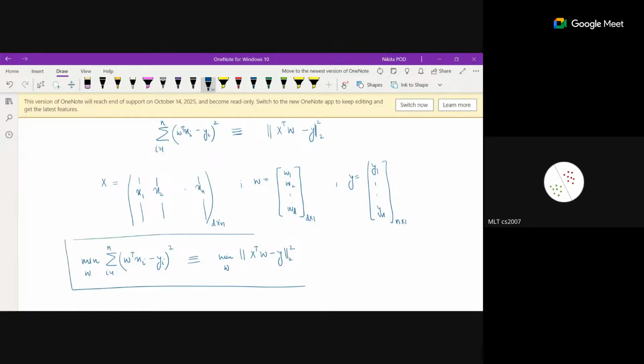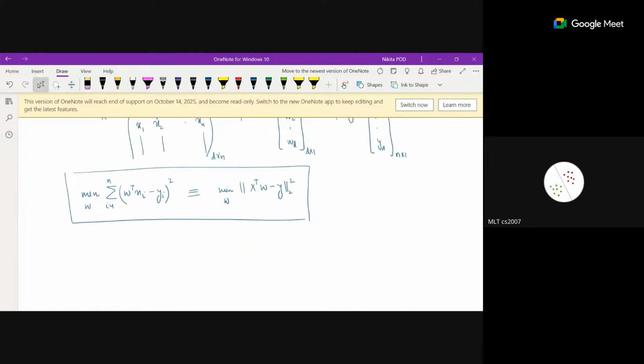So we'll solve for this problem. Now this is nothing but an unconstrained optimization problem for us, and we know how to solve any optimization problem.